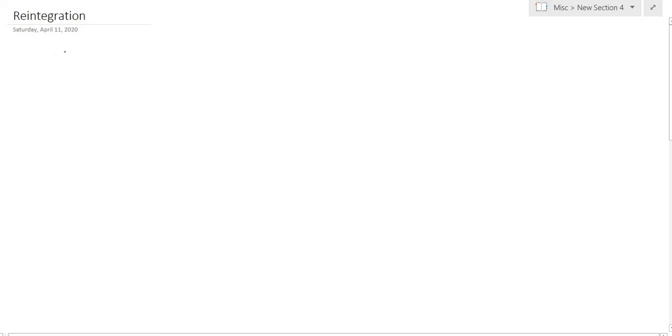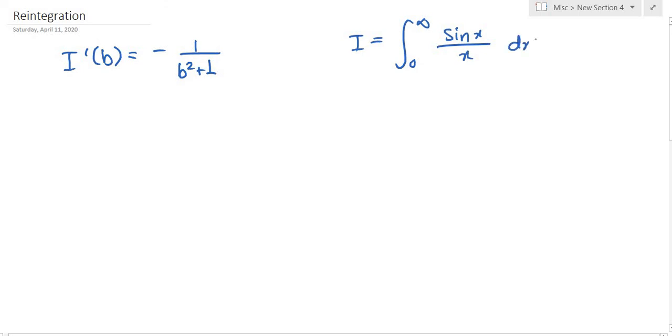So after all our processes of differentiating under the integral sign, we obtained I prime of b to be -1 over b squared plus 1. And just for our perspective, what was I? Integral from 0 to infinity of sine of x over x dx.